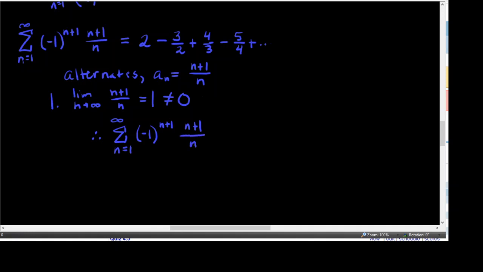Okay, I'll help you. We know now that this one diverges. Why? Because the nth term is not headed towards 0. Remember that theorem we had, the nth term test, that said that if the nth term is headed to something other than 0, the series definitely diverges.